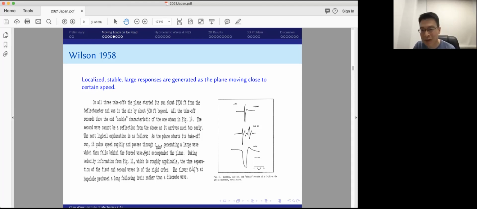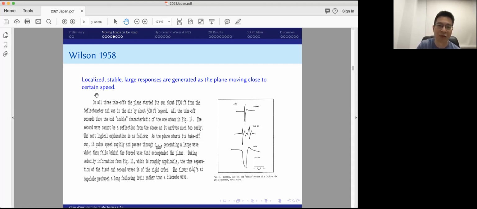He found some very strange speed. If the plane passes through this speed, the system will generate a large wave, which propagates slower than the speed of the plane. That's what he discovered.